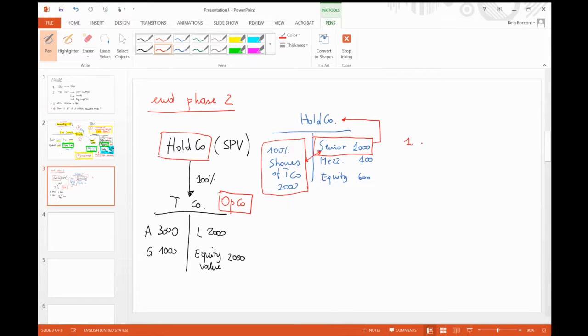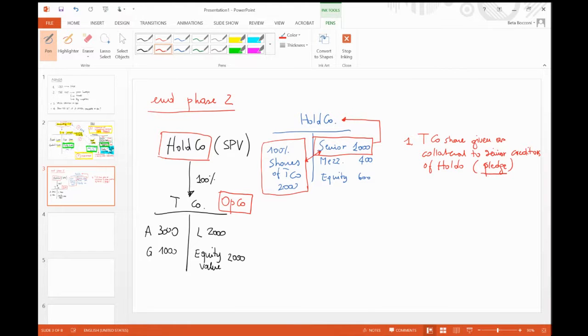So essentially, the TICO shares are given as a collateral to senior creditors of holdco in the form of what is defined as the pledge on the shares.